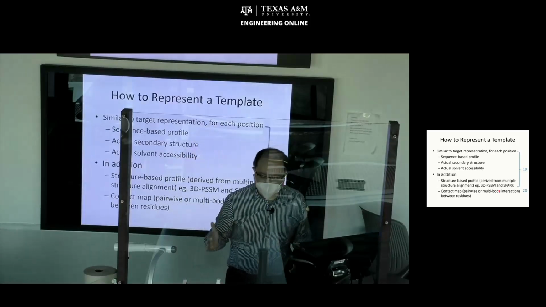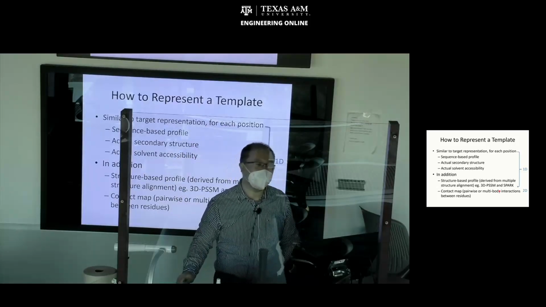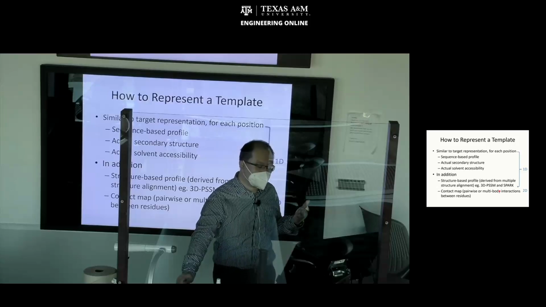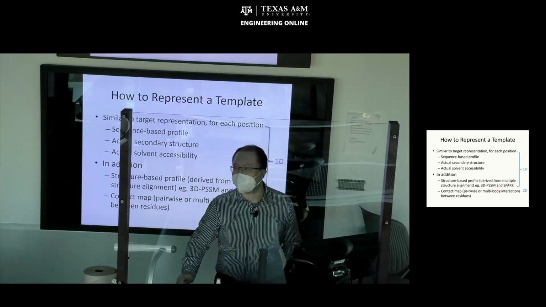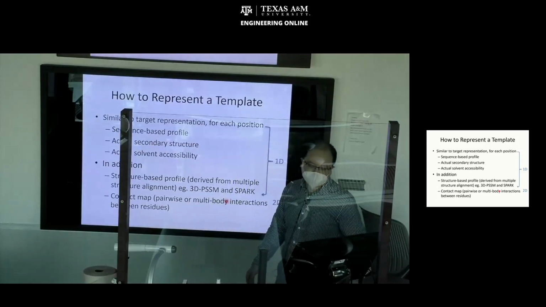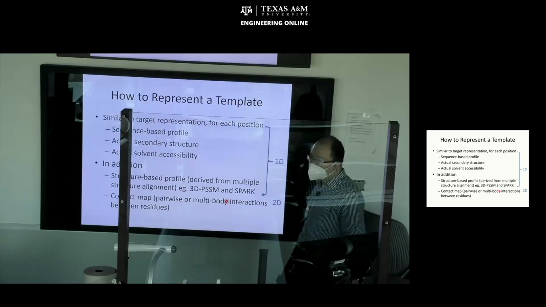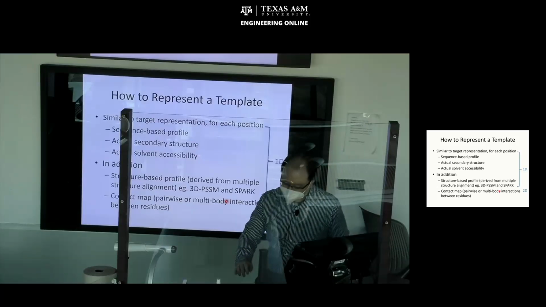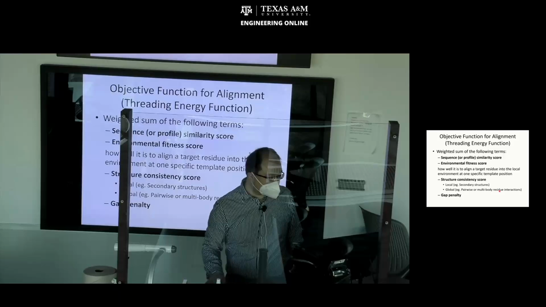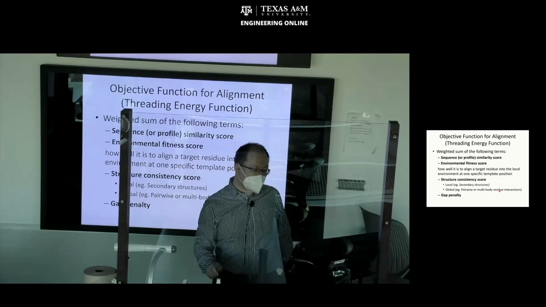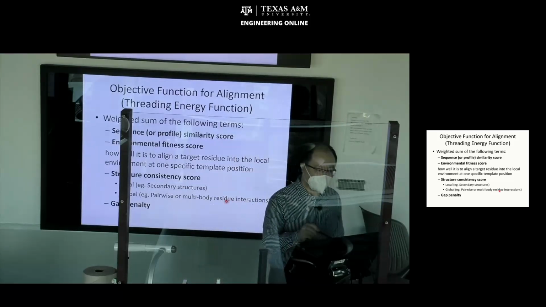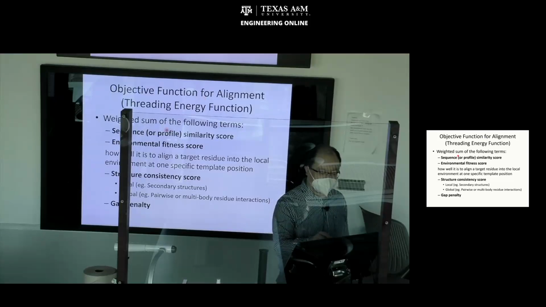Because usually when you want to improve your algorithm, you have to be able to rationally construct that. Either you use more data, or use the data more smartly, or both. So the second element is the objective function, like Salman was asking. And we can do a lot of weighted sums.